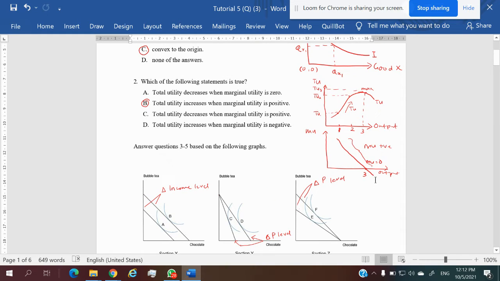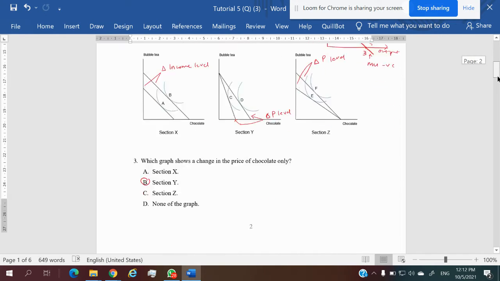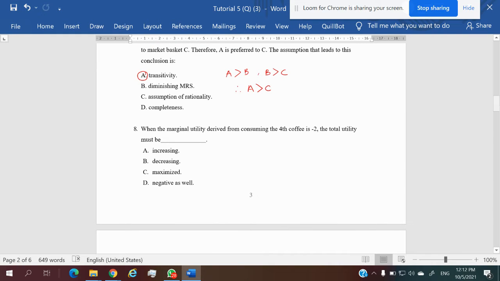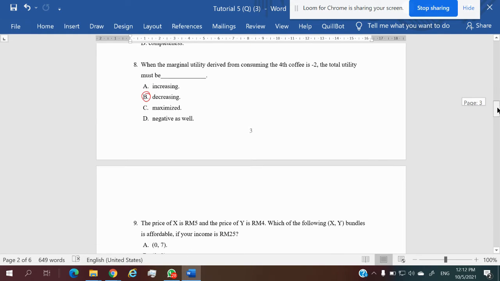When the marginal utility is negative like this, what is happening to total utility? Total utility is declining, isn't it? So for number 8, the answer is B, decreasing.